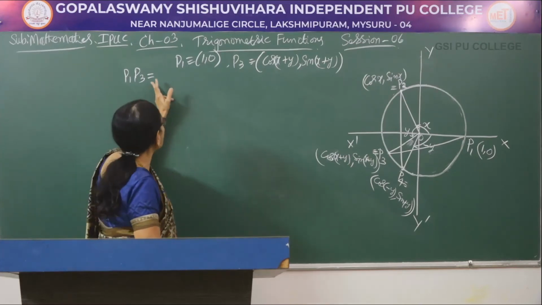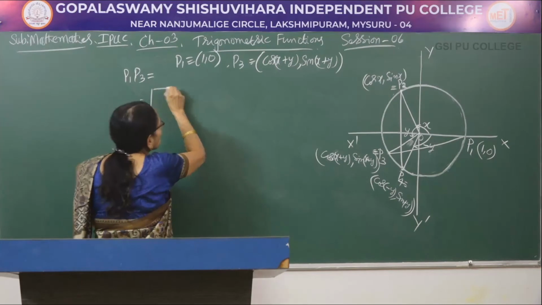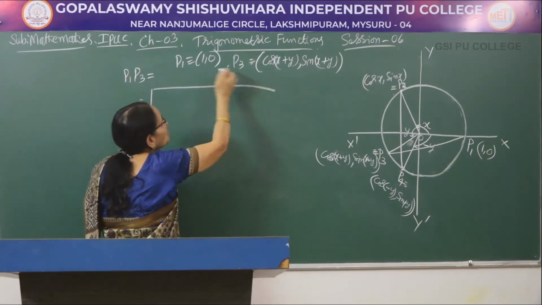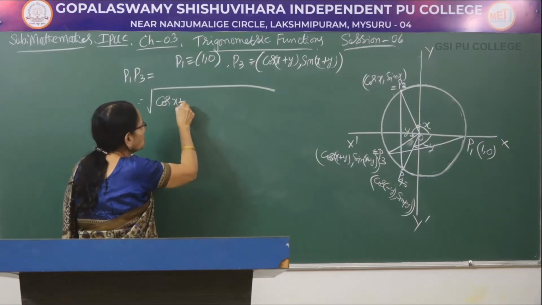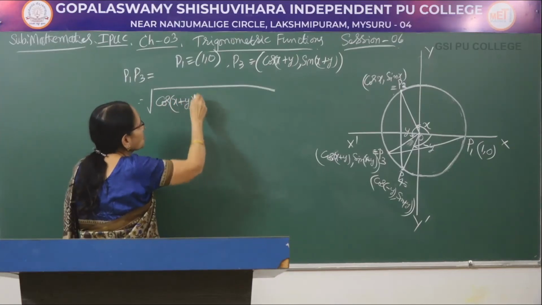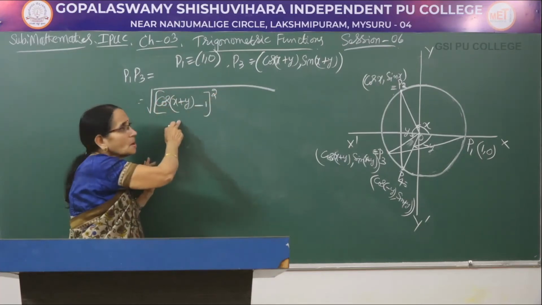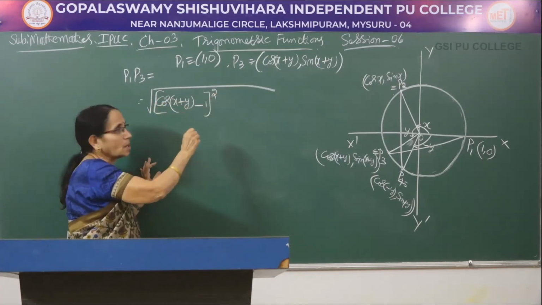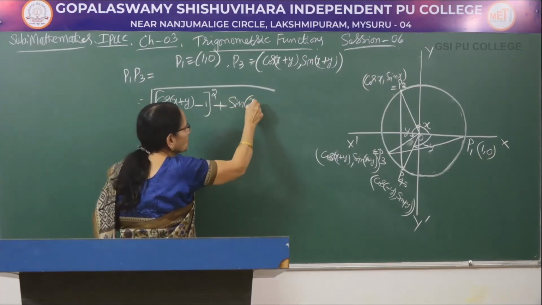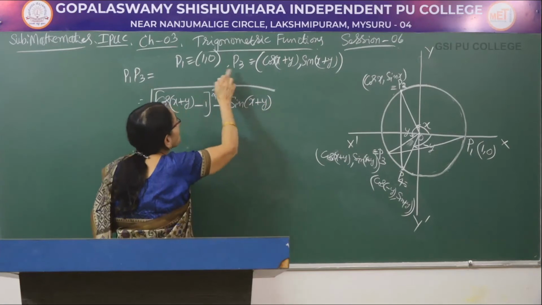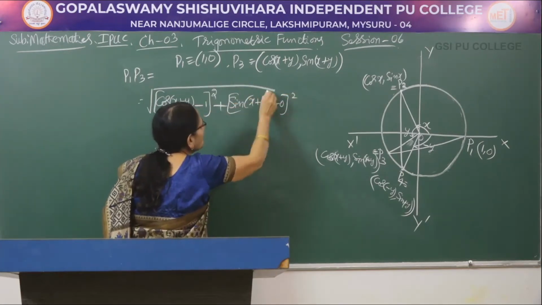Now, to find the distance P1P3, according to this, it is square root of (x2 minus x1) whole square. What is x2 here? Cos of x plus y, minus x1, which is minus 1, the whole square, plus (y2 minus y1) the whole square. The y coordinate is sin of x plus y, and here it is 0, minus 0 the whole square.